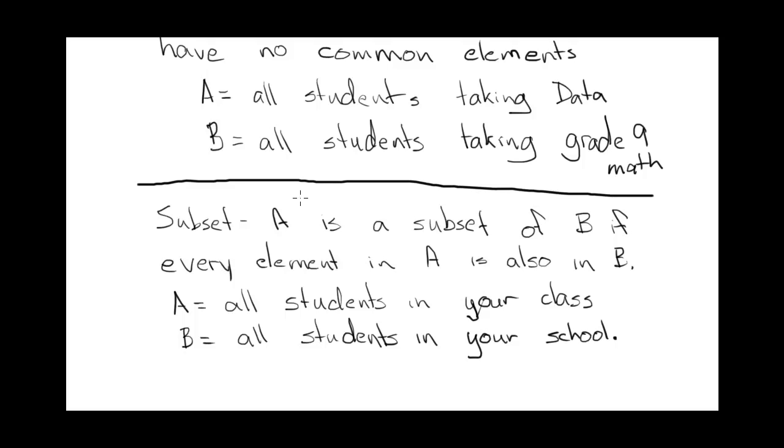So basically what we're saying is everyone who's in A is also in B. And that should make sense. If you think of the 30 or so students in your class, do they also go to your school? The answer would be yes.